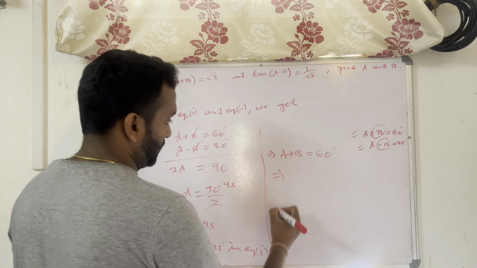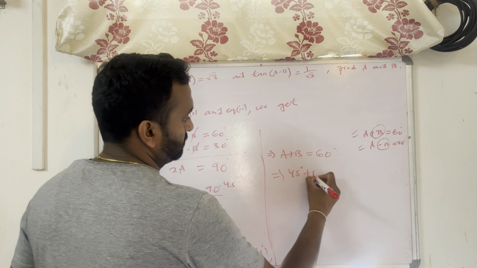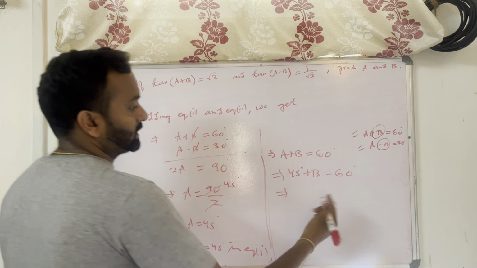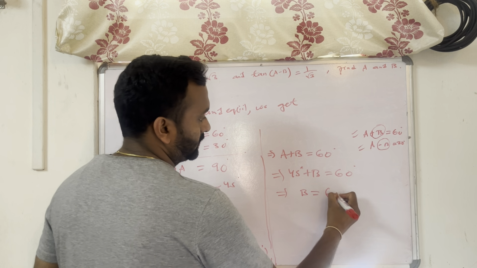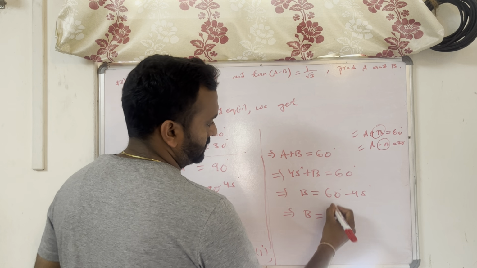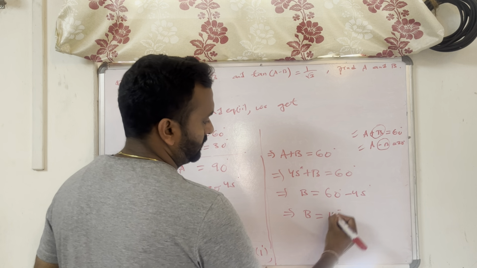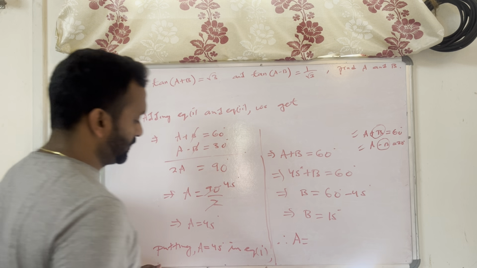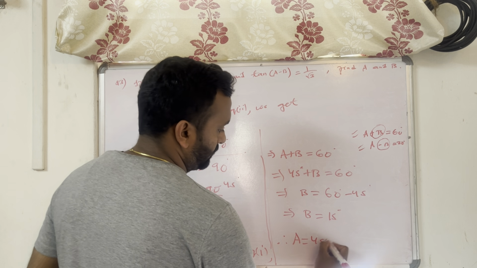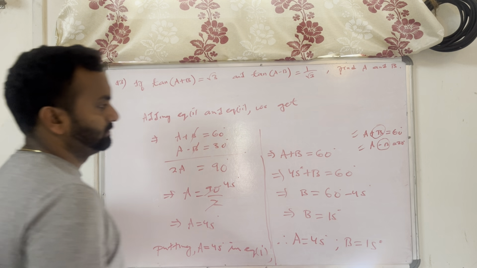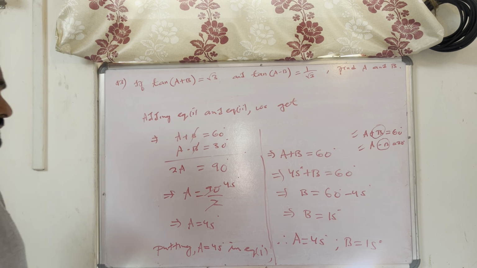So a is how much? 45 degree plus b equal to 60 degree. So this side it is plus 45, other side it will be minus 45 degree. So b will be 60 minus 45, that is 15 degree. So therefore what's the value of a that I got? 45 degree. And what's the value of b that I got? 15 degree. So that's all from question number 3.